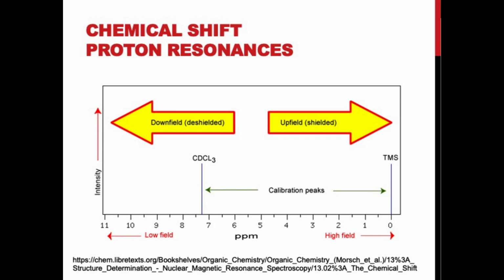So we use solvents like CDCl3 to dissolve our samples, and that chloroform has very little hydrogen in it because we replaced the hydrogens with deuterium. If we didn't use deuterated solvents, we would just see a great big peak for our solvent and none of the resonances from our compound of interest.